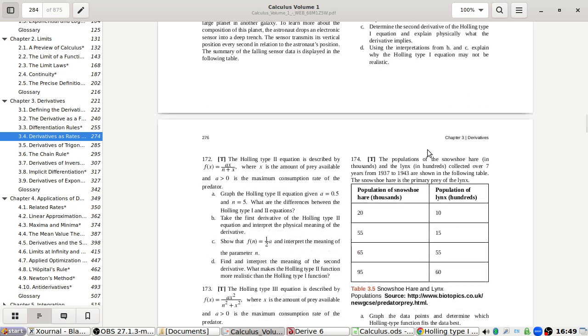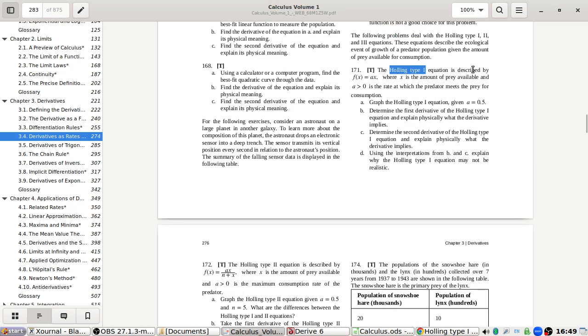It doesn't really say what these are. See, I think that there's densities involved here that's not being captured. So like x, the amount of prey available, and a more than 0 is the rate at which the predator meets the prey.